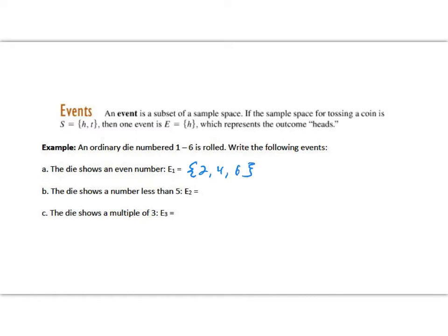If you're talking about a number that's less than 5, the event is 1, 2, 3, and 4. And if you're talking an event that's a multiple of 3, well, that's just 3 or 6. Those are the possibilities there. Pretty straightforward to come up with a list of outcomes that satisfy a particular event.